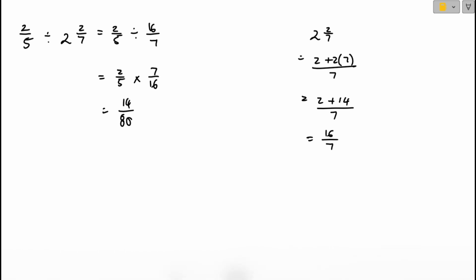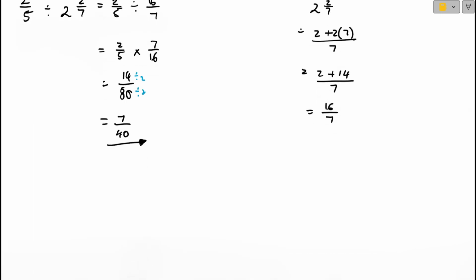Can I further simplify this? Yes. Divide both sides by 2. So 14 divided by 2, we know that will give us 7, and 80 divided by 2 will give us 40. So yeah, and just one more.